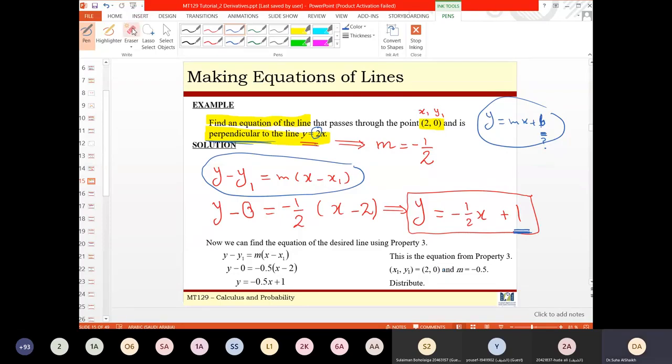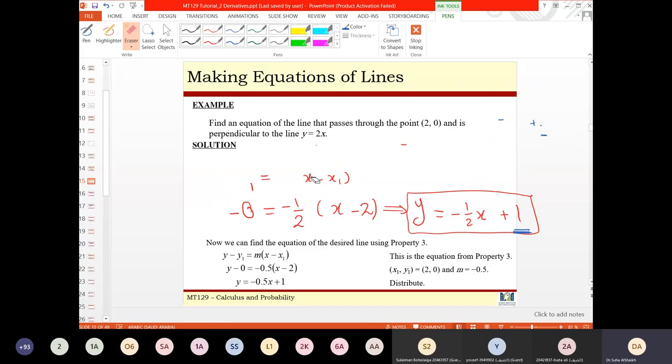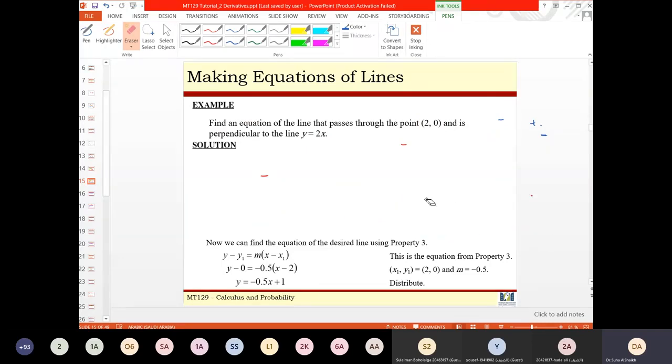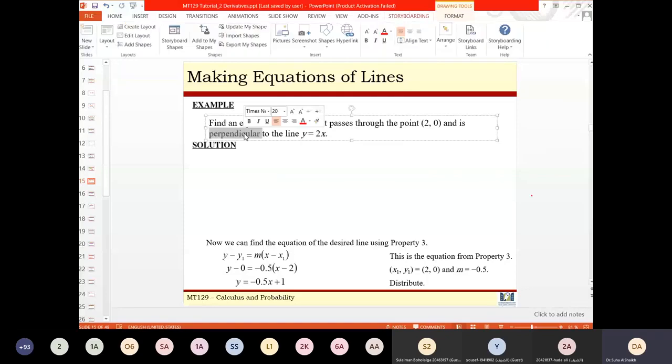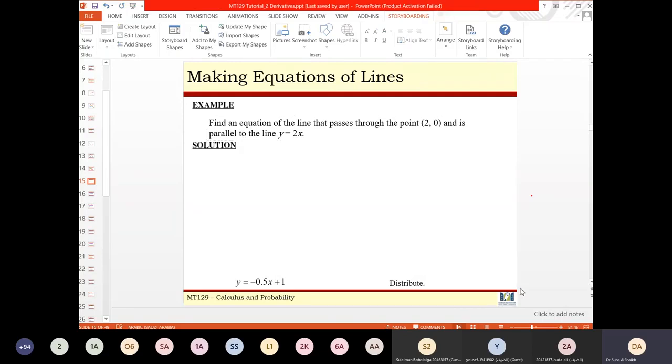Let me give you another example here. I'm going to give you the same example, but I'm going to change a small thing. Let me say my line is parallel to this line.